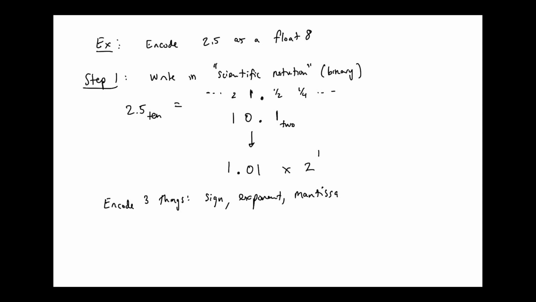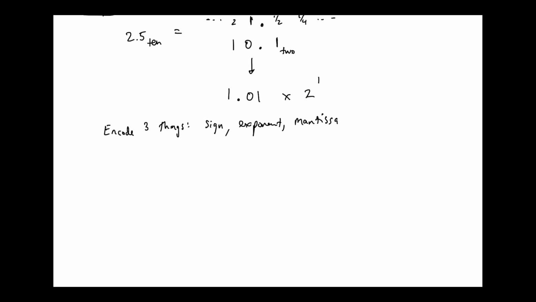The easy bit here is, what's the sign? Well, first off, positive or negative? It's positive. The convention we'll use, just like with integers, is that a leading one indicated that the number was negative, so we'll just keep the pattern.